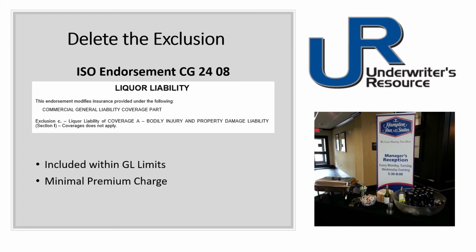Having done that, any claims that would ordinarily be liquor liability would be included inside the GL limits. The advantage of that is that there would be a minimal premium charge for this. Some underwriters may want to make an additional charge. They don't actually charge for the endorsement, but they would make an adjustment on the overall pricing on the account.